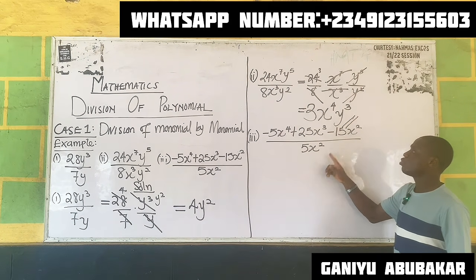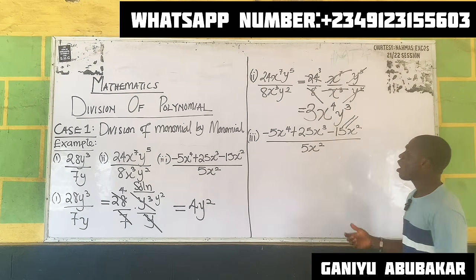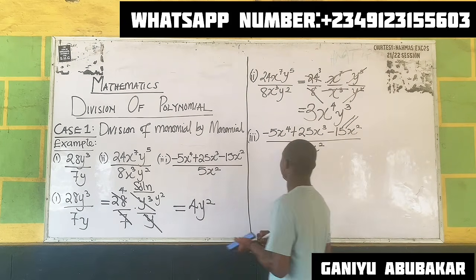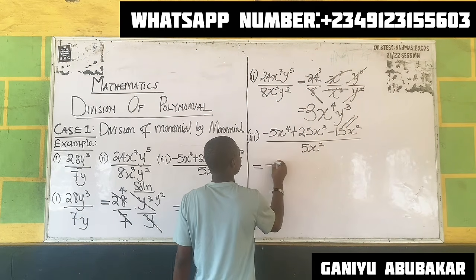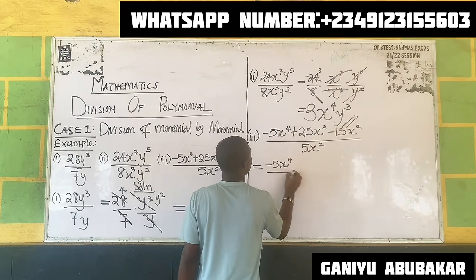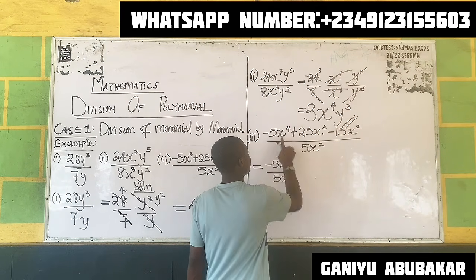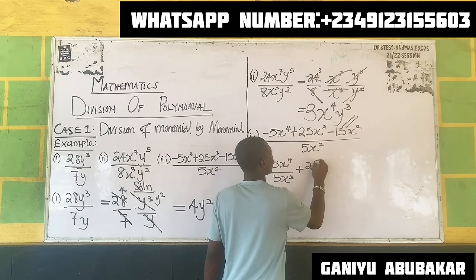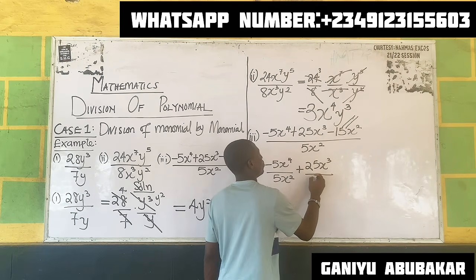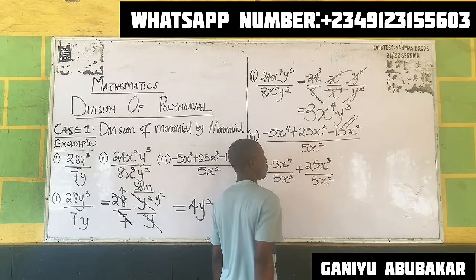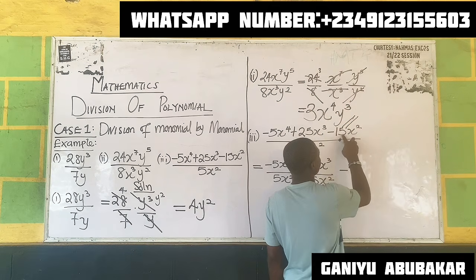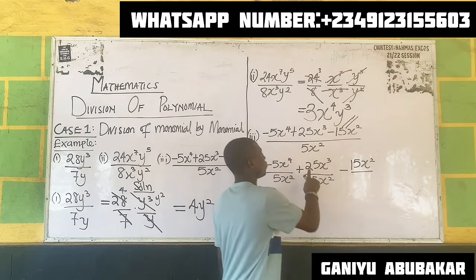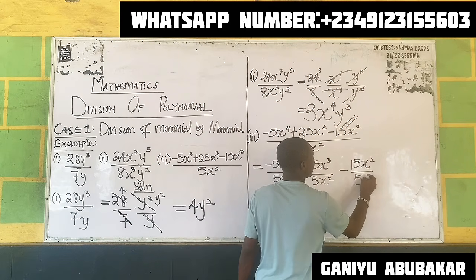The task is this: to simplify this question, I will attach the denominator to each term in the numerator. So I'll have minus 5x to the power 4 all over 5x squared. Then plus 25x cubed, attach 5x squared to it. Next, minus 15x squared, and the denominator comes down, that gives you 5x squared.